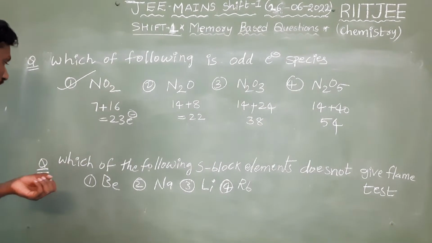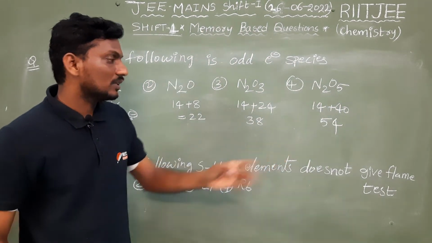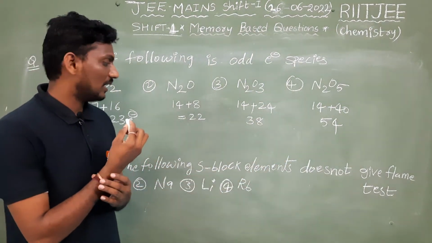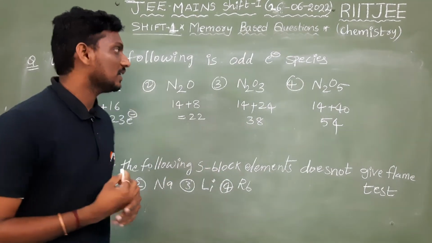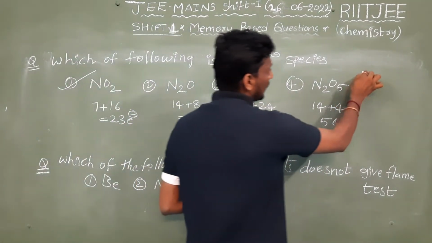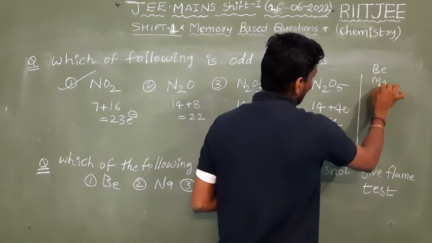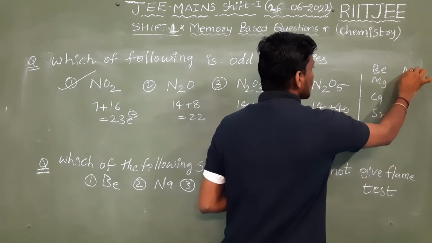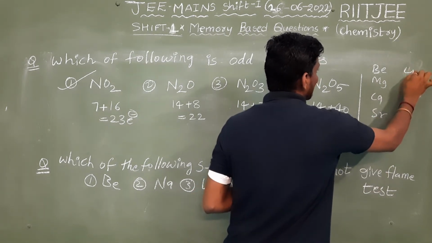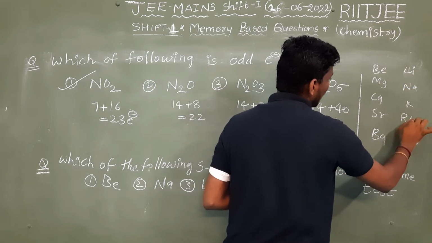So second question: which of the following S-block elements doesn't give the flame test? This is a very easy question. Out of the S-block elements, in the second group we have beryllium, magnesium, calcium, strontium, barium. And in the first group, lithium, sodium, potassium, rubidium, cesium.